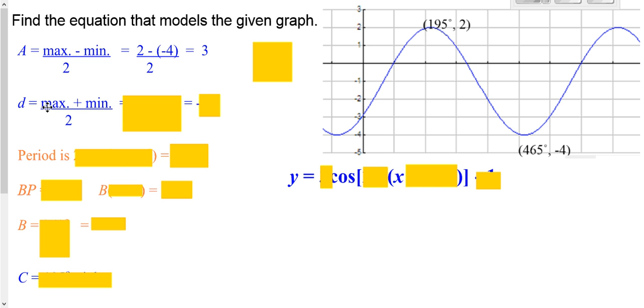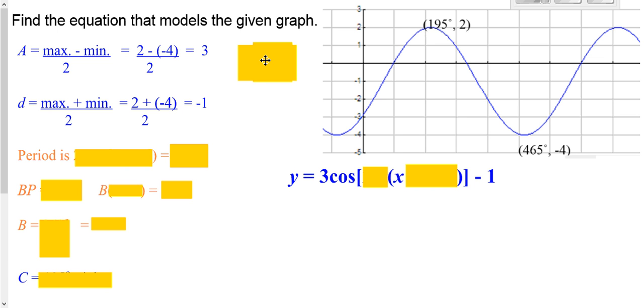Now, I always like to go ahead and find D, the vertical shift, right after I find A, because D also uses max and min, but in this case for D, we go max plus min divided by 2. So we'll do our 2 plus our -4 divided by 2, and that gives us -1. So our amplitude is 3, and our D value, our vertical shift, is -1.